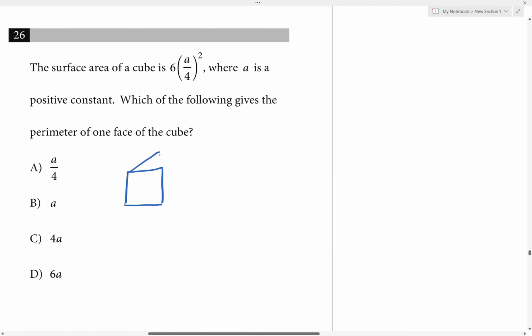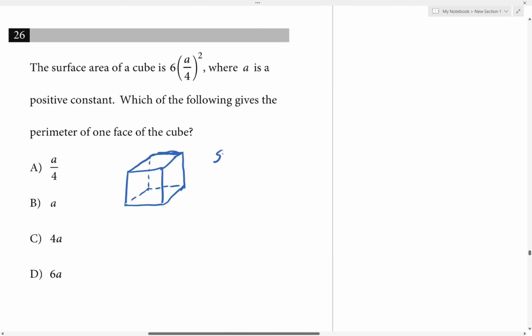So let me try to draw a cube here. Okay, this is a little bit challenging. Yeah, so if you have 6 sides here, and then it's 3-dimensional. To solve for the surface area of the cube, what we have are 6 sides, and each side is a square.